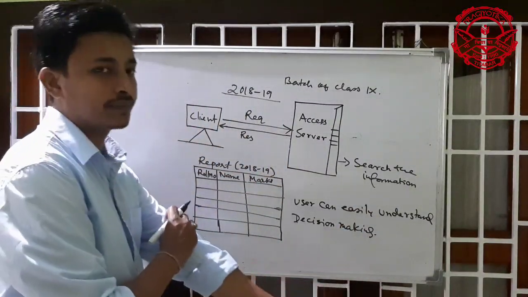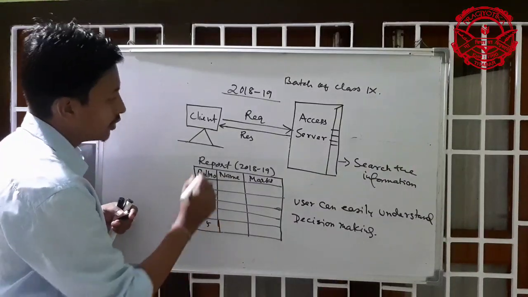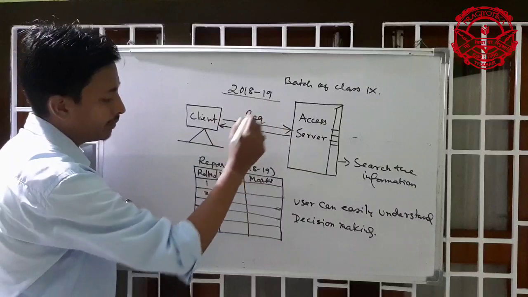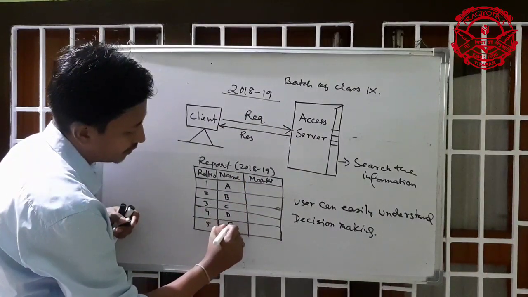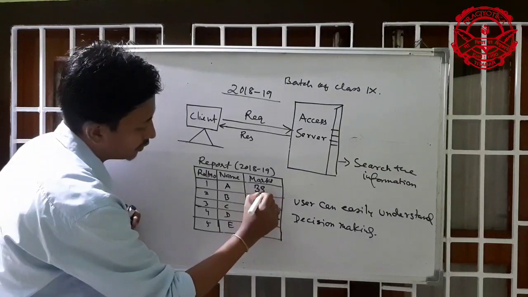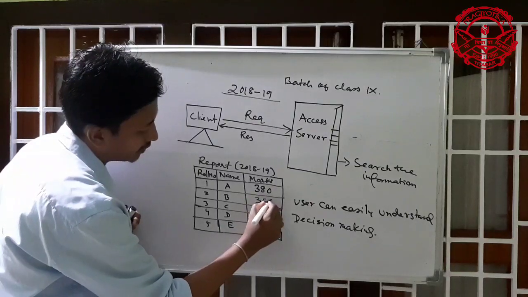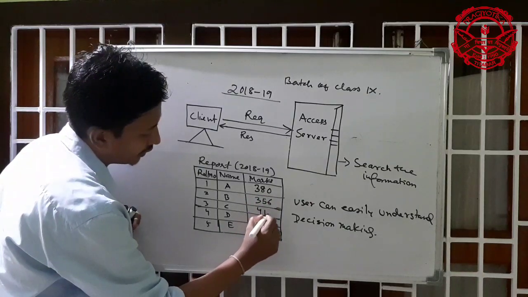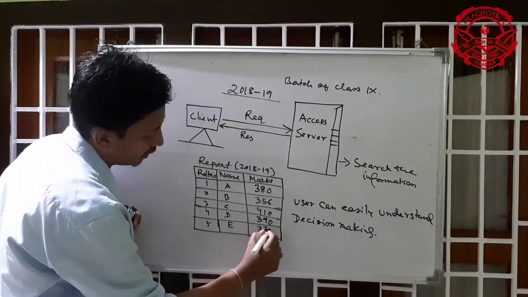Decision making means what? For example, this is the information of the 2018-19 batch. The name is ABCD and the marks are 380, 365, 410, 390 and 372.